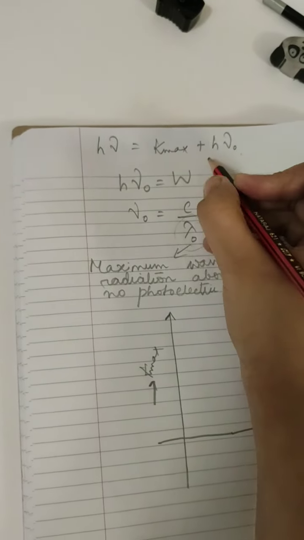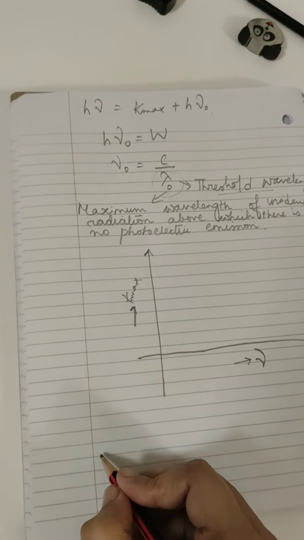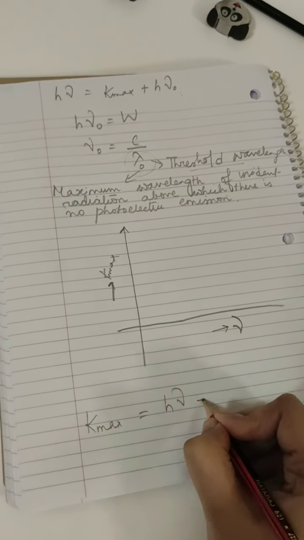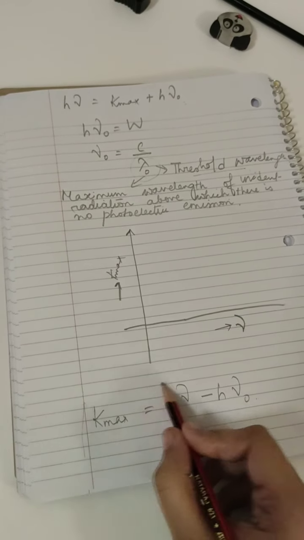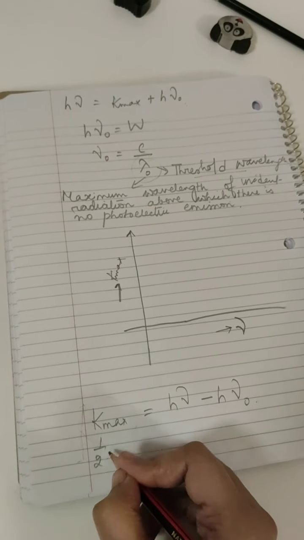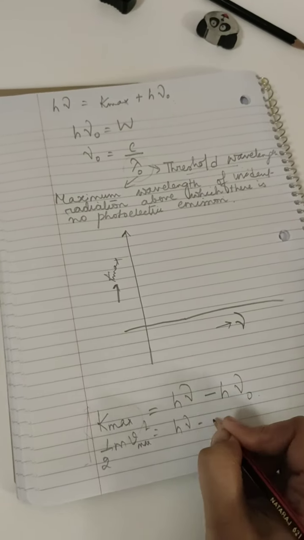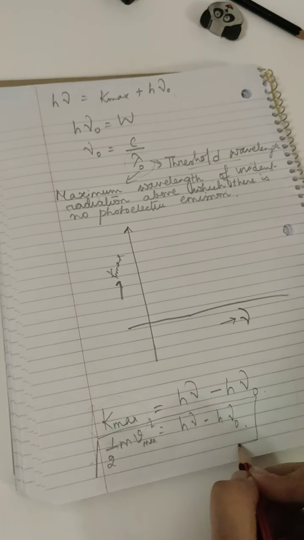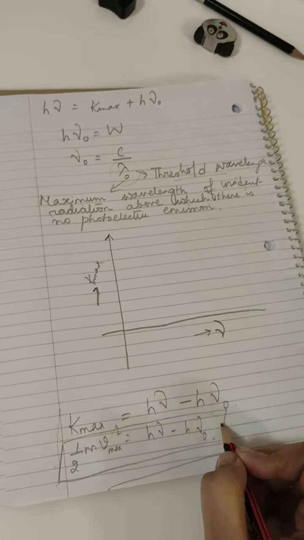Now W is equal to h nu naught. So K max is equal to h nu minus h nu naught. This is Einstein's photoelectric equation, or in place of K max you can write half m v max square equal to h nu minus h nu naught. This is Einstein's photoelectric equation, where nu naught is the threshold frequency.